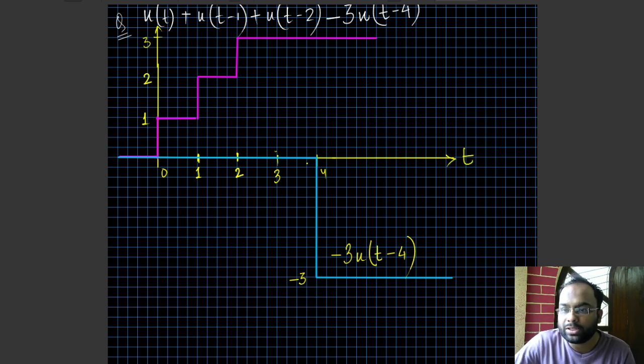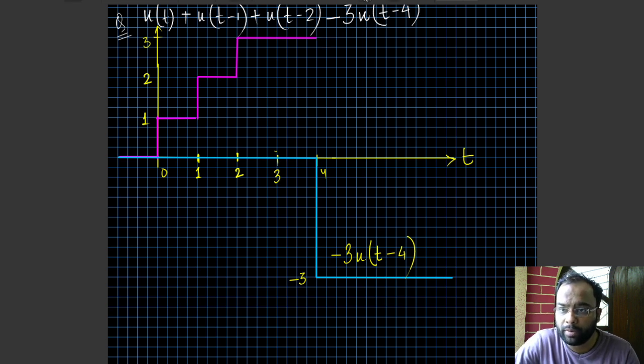So what happens? The pink signal is representative of u(t) plus u(t-1) plus u(t-2), and it will be added to the cyan portion, which is minus 3u(t-4). If I add these two signals, what do I get? This signal has a value of 3 and the cyan signal has a value of 0 up until time t equal to 4. After t equal to 4, the cyan signal has a value of minus 3. If I add these two signals up, what would happen?